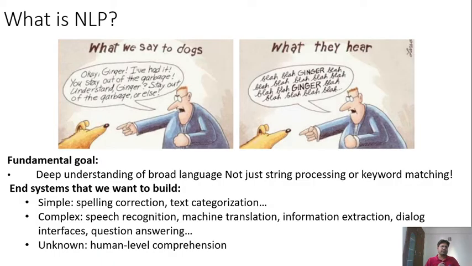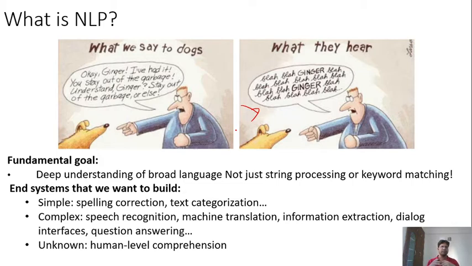Now you can say what exactly NLP is. Whenever you talk with a system, and that system doesn't know natural language, and does not have a mechanism to understand it, it will be like talking to a dog that is not a trained dog.